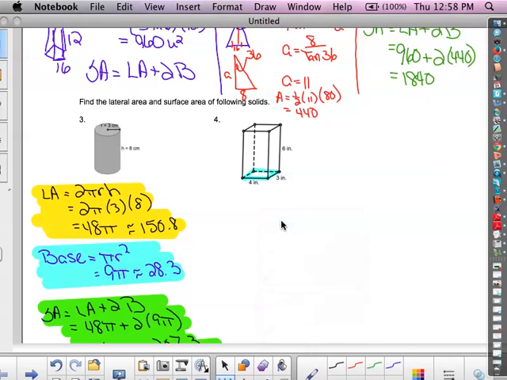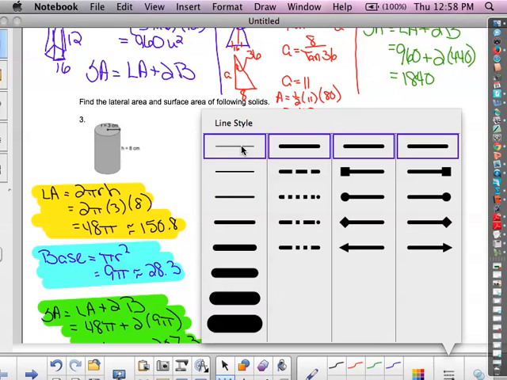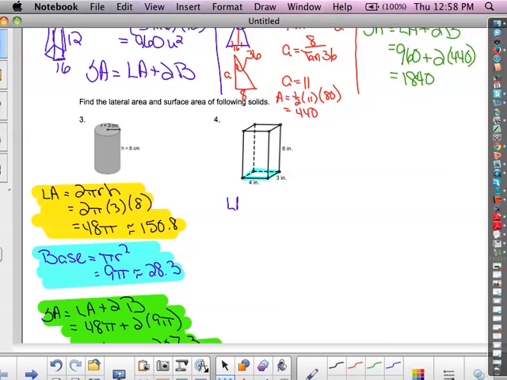So for me, the lateral area is going to be equal to the perimeter times the height. So the perimeter is going to be 4 plus 3 plus 4 plus 3, or 14 times 6. So that gives me a lateral area of 84 inches squared.